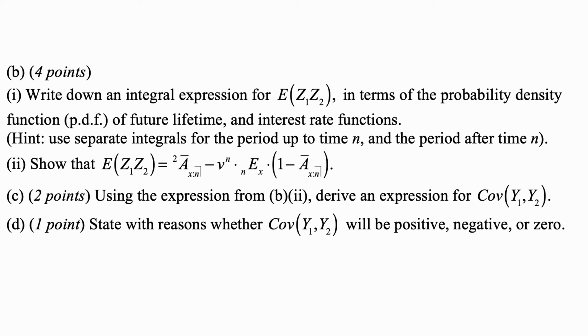Show that the expected value of Z1 Z2 is equal to 2A bar x:n angle 1 minus v^n times nEx times (1 minus A bar x:n angle). C. Using the expression from B2, derive an expression for the covariance of Y1, Y2. D. State with reasons whether the covariance of Y1, Y2 would be positive, negative, or 0.